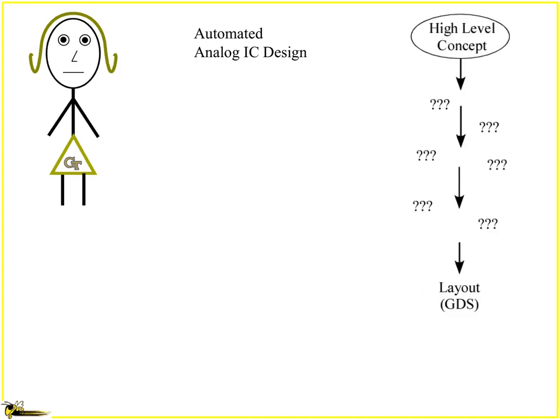Unfortunately, when you get to analog IC design, any sort of automation, you're looking at a problem where everyone goes, I've got a high-level concept, and somehow I might get to layout, and for the most part, you've got question marks everywhere. Rather disappointing. And yet, here's the thought. Imagine if you actually had an analog standard cell library. Imagine where that could get you.